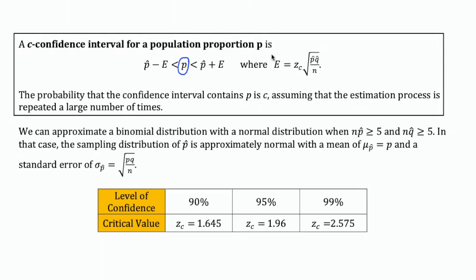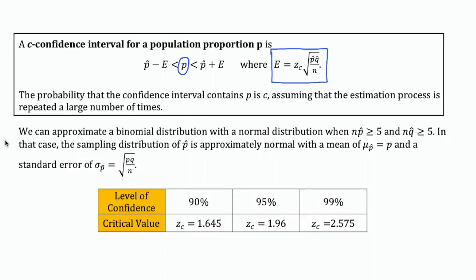And we have yet another margin of error formula specifically for these binomial probability experiments. And you can see that this formula requires that you know the value of P hat and Q hat. Z sub C is again just the critical Z-score based on what level of confidence you're looking for.